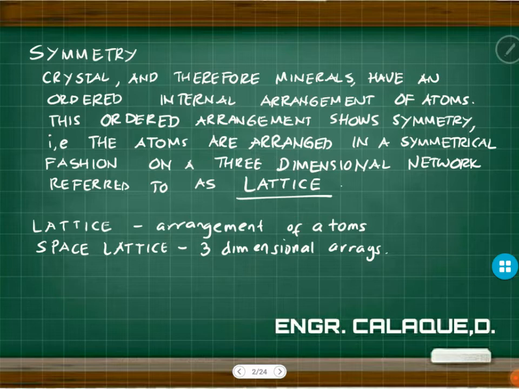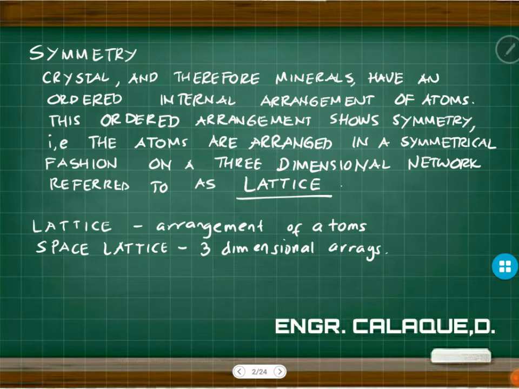Okay, so let's talk about the symmetry elements of this crystallographic system. Crystals, and therefore minerals, have an ordered internal arrangement. Later we will really compute, so we have computation here. This is the internal arrangement of the atoms. Okay? So this ordered arrangement shows symmetry. The lattices are symmetrical, sometimes with uniform spacing.